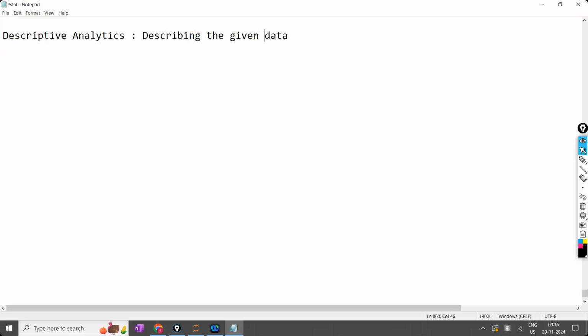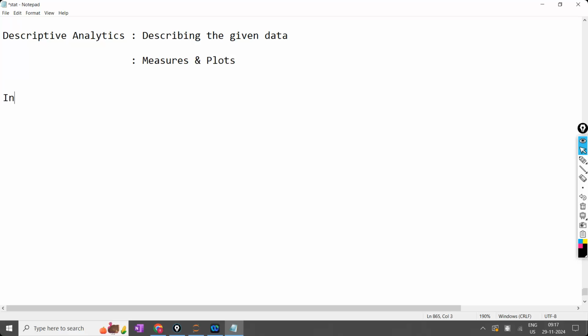You describe the given data by using various measures and, if required, plots. Wherever plots are required, you use plots. Measures and plots are used to describe the given data. You just apply the measures and neatly present them.